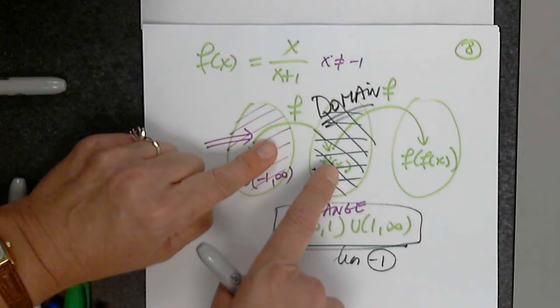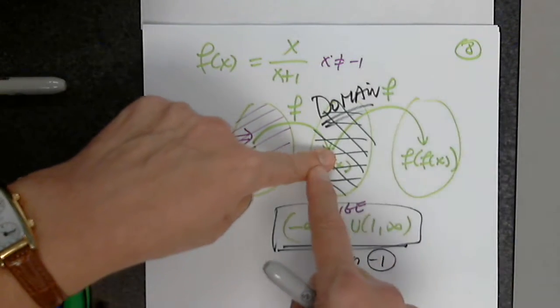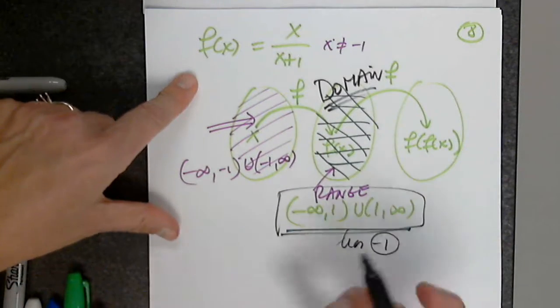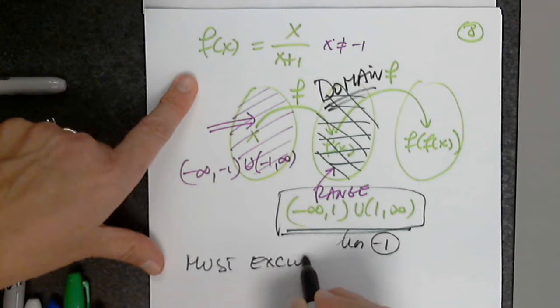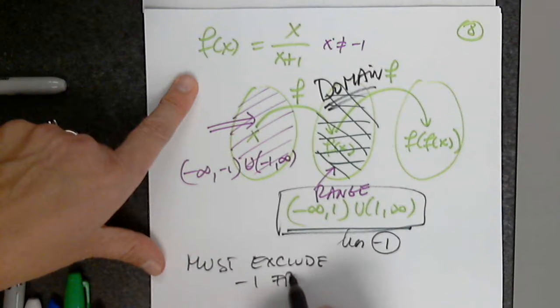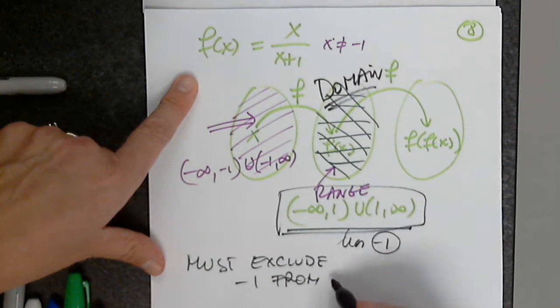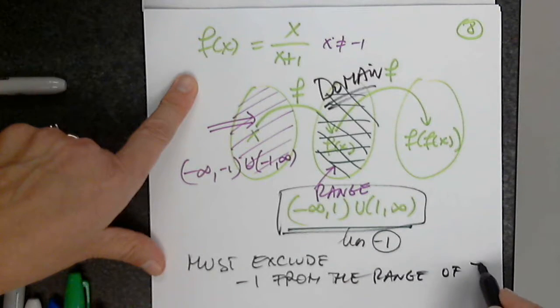Negative 1. And if I get negative 1 here, I will not be able to apply f to negative 1 and get it here. So I will have to exclude negative 1 from the range of f of x.